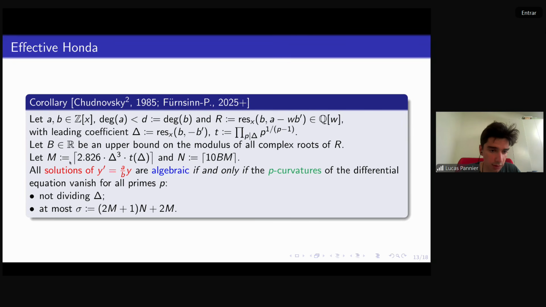This 2.826 is an upper bound on this constant, and it comes from the study of Chebyshev, because the logarithm of the LCM of the first n integers is Chebyshev's function, and explicit bounds on this function have been given by Rosser and Schoenfeld, I think. So we just took an approximation of this constant. It seems random here, but it is not. It is a constant such that to the power n it is greater than the LCM of the first n integers.